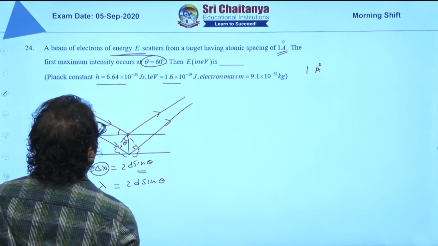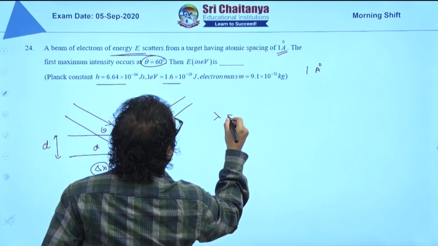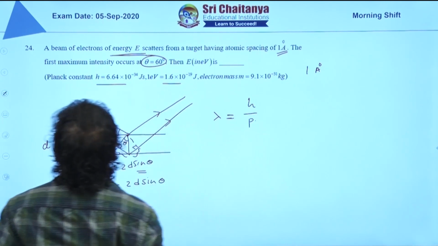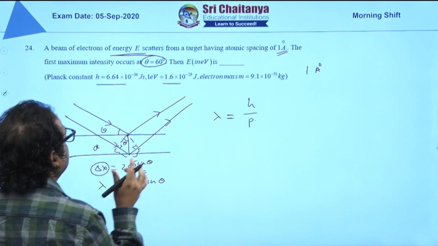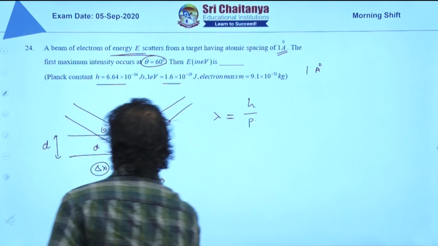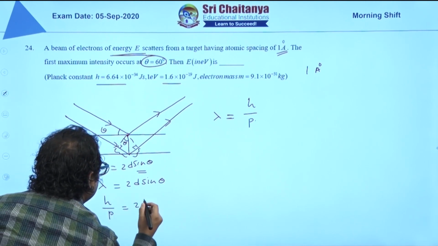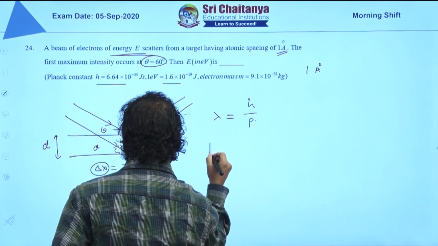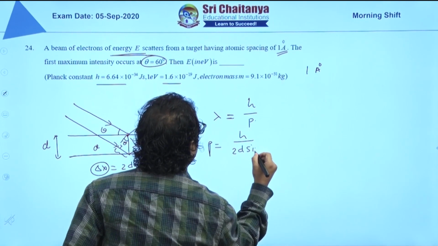Lambda is nothing but h by p, momentum. So, h upon p is equal to 2d sin theta. So, p value we can get to be h by 2d sin theta.